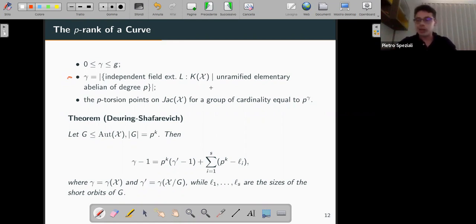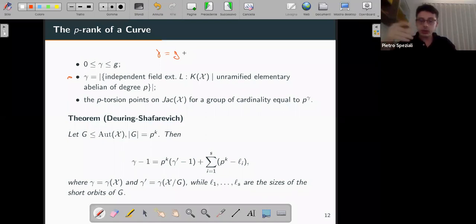Or also, if you prefer, the p-torsion group of the points of the Jacobian of the curve is a group of cardinality p to the gamma. In general, the generic case is gamma equal to g. That's why we call these ordinary curves. But we may have curves of p-rank 0.